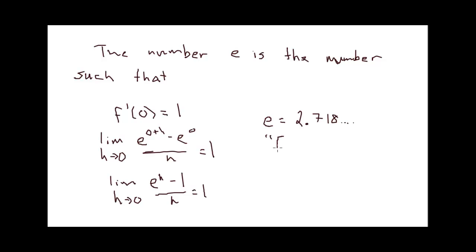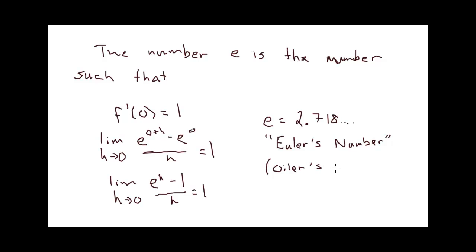Call it Euler's number. That's spelled totally not how it sounds. It's spelled E-U-L-E-R. Euler was a famous Swiss mathematician, probably one of the most famous mathematicians.